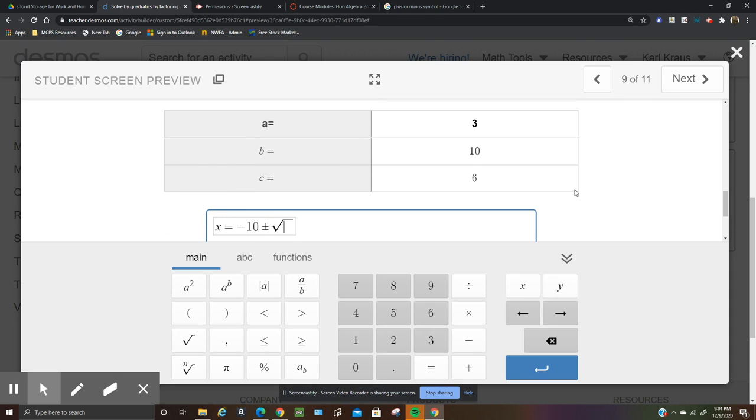So I'm just going to do 10 squared, which is 100, and minus 4 times 3 times 6, and divided by 2 times 3, which is 6.